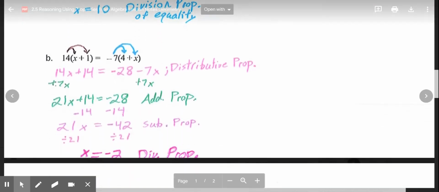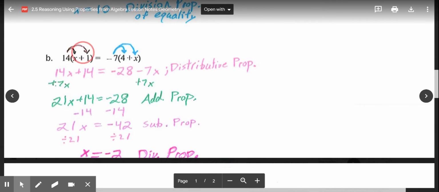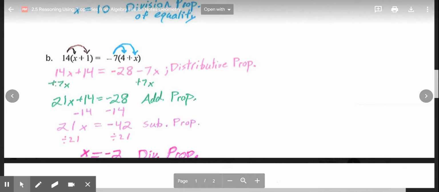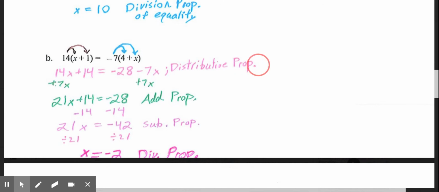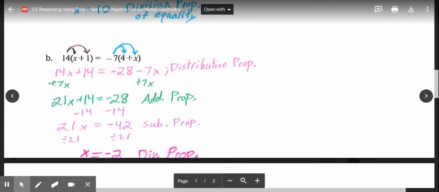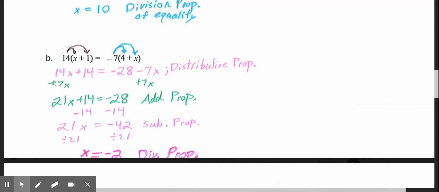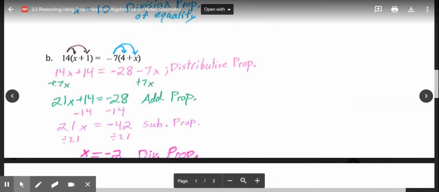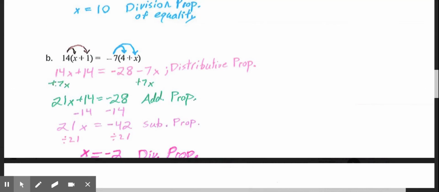In B, first thing we had to do was distribute the 14 and the negative 7. So I'm left with 14x plus 14 equals a negative 28 minus 7x. And that was due to the distributive property. Then I added the 7x to each side, so the addition property of equality, and we have 21x plus 14 equals a negative 28.